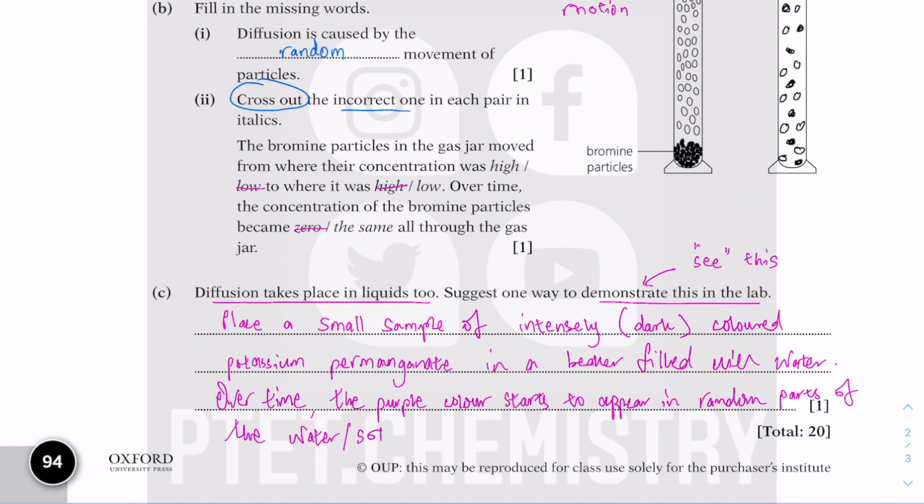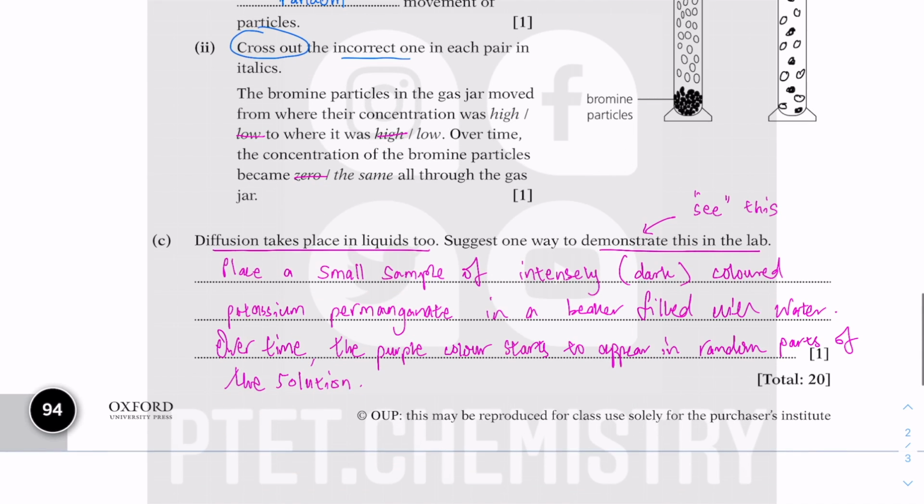Actually, the solution is better, okay, because the water doesn't change. It's just that as the intensely colored thing starts to dissolve in the water, without you stirring it, there is actually diffusion taking place. All right, so that's it in this tutorial.